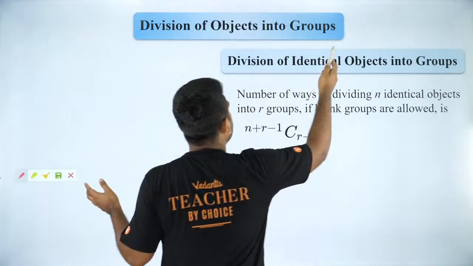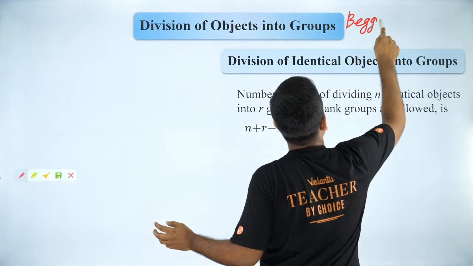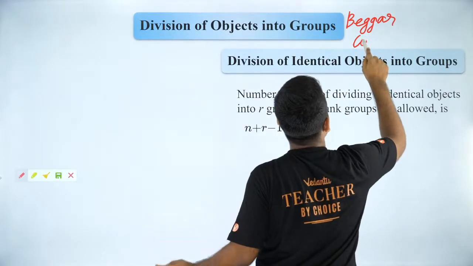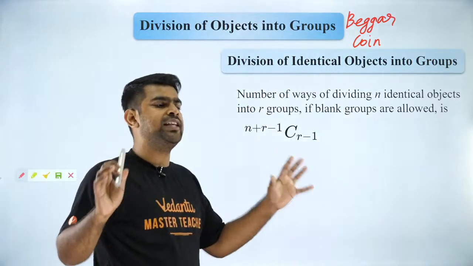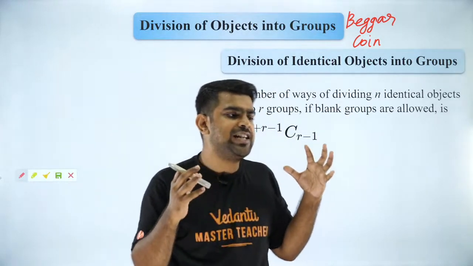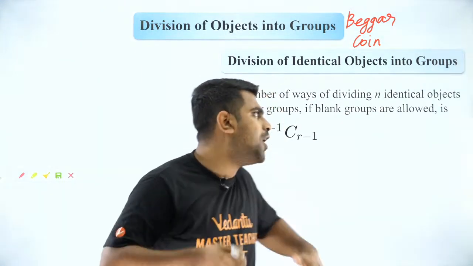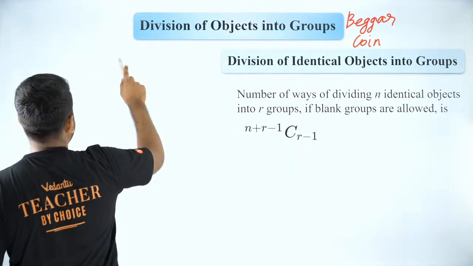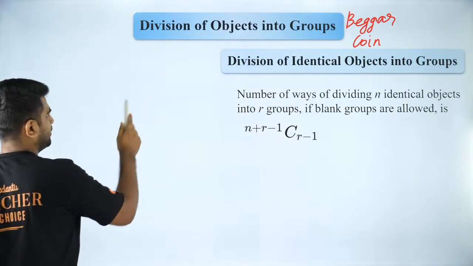So I will write on top of it. This is called the beggar coin method. Let us say I will take one example. Let us say I will take Aditya. So I take Aditya. Aditya is a very rich guy. He has 10 coins.